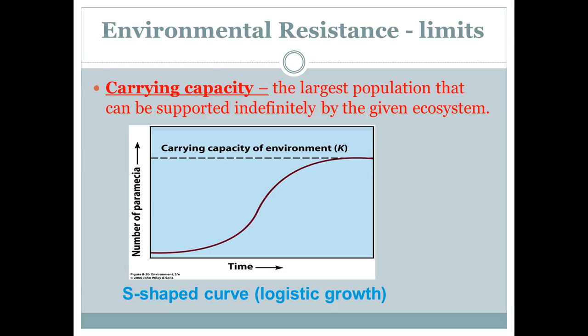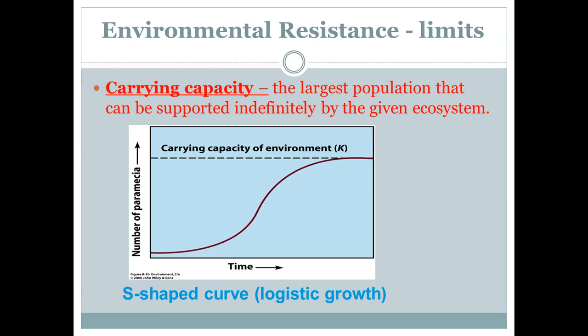It could be sunlight. It could be water. It could be food. It could be nesting space. It could be mineral content of the soil. All of those things could be limiting factors that will only allow that number to survive in that ecosystem.